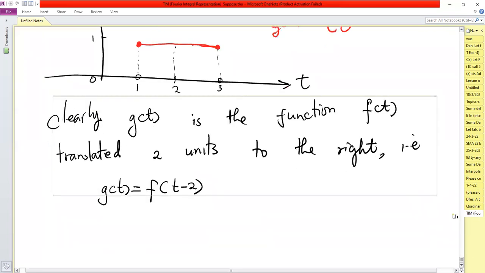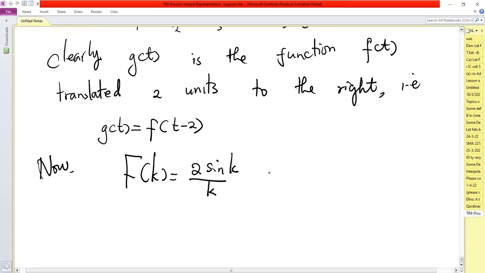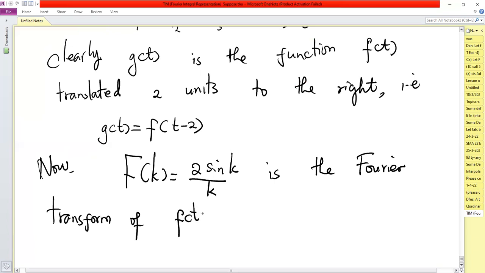Now we have been told that f hat of k in this case is given by 2 sine of k divided by k, the Fourier transform of the function f of t.